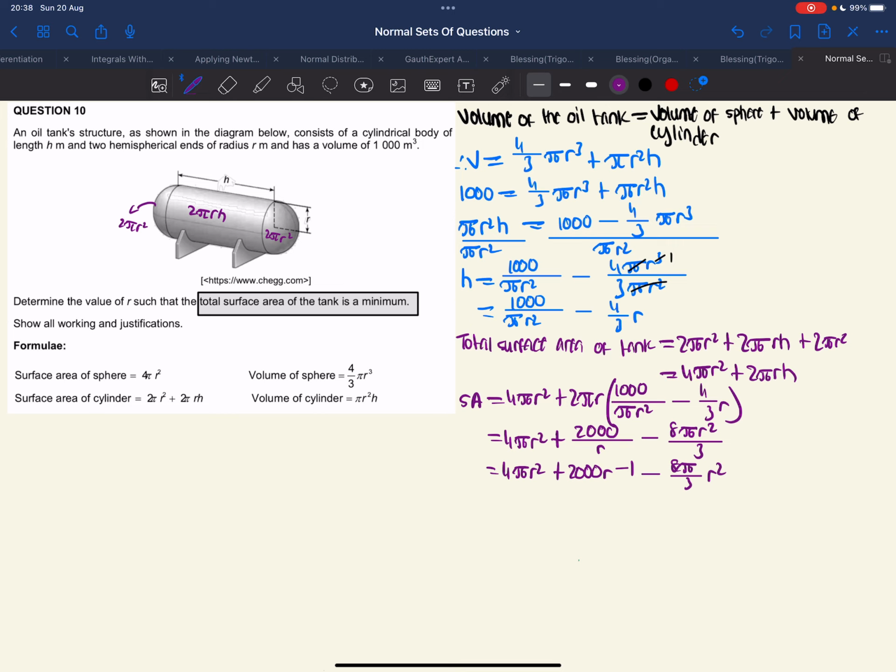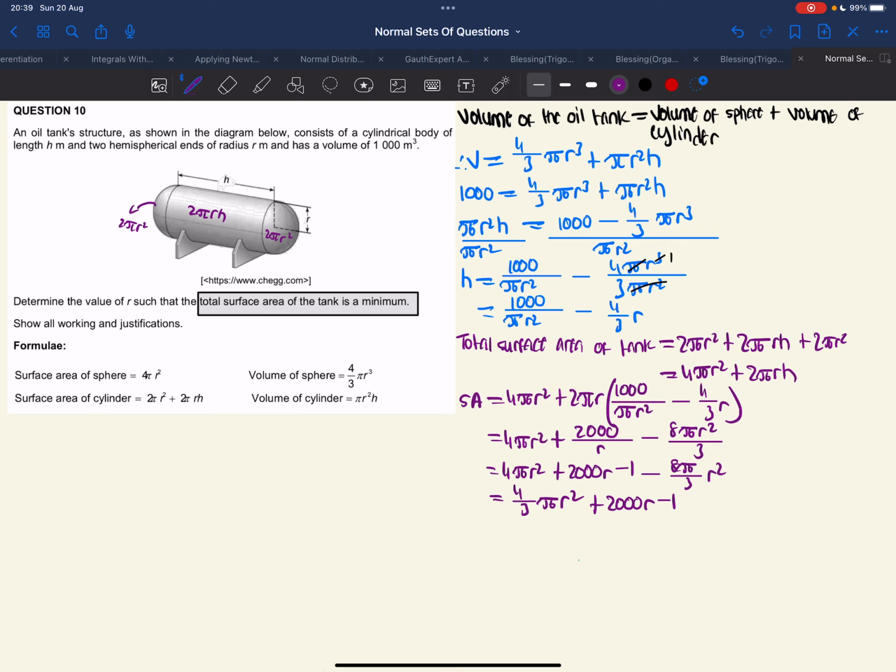We can basically add those. Where's the calculator? So we can say 4 pi minus 8 pi over 3, and we get 4 over 3 pi r squared plus 2000 r to the power of minus 1. Okay, and that's what we get at the end.